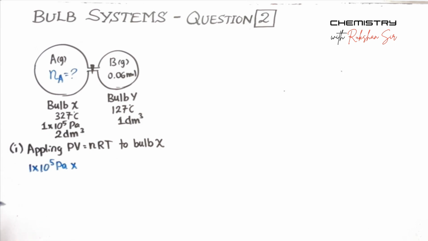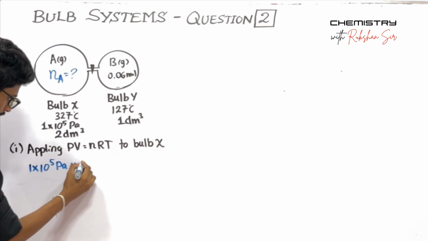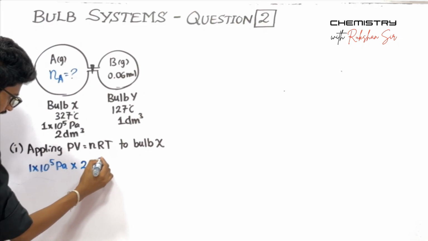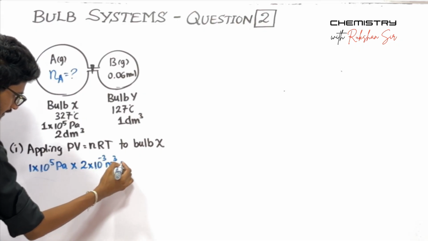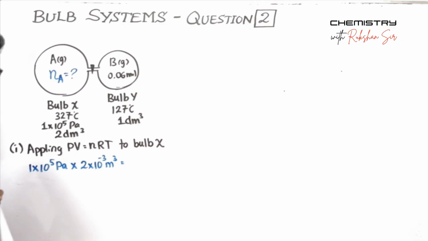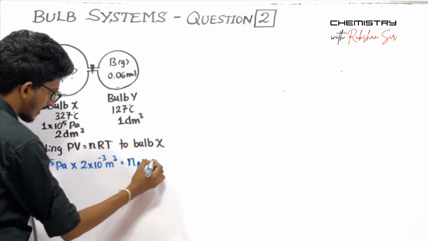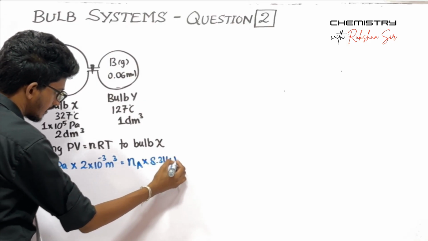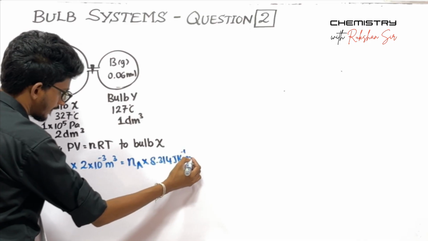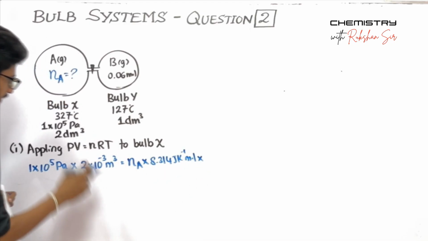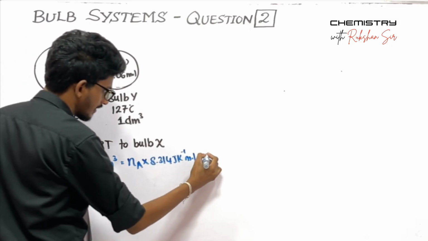The volume is given as 2 decimeter cubes, and we need SI units, so 2 into 10 to power minus 3 meter cubes is equal to nRT. The n is what we are looking for, the number of moles of A gas. R is 8.314 joules per Kelvin per mole, and T is 327 Celsius, that means 600 Kelvin.